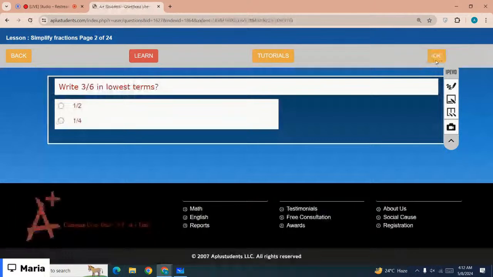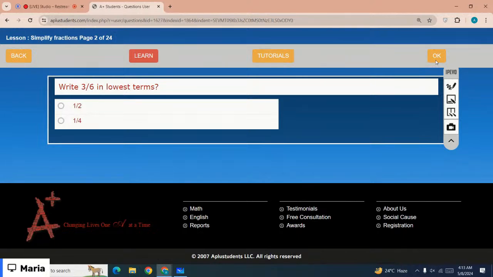Okay, write 3 by 6 in the lowest term. So which is the correct option? Which is the greatest number that divides both numerator and denominator? The greatest number you can divide 3 by 6 is 3, right?